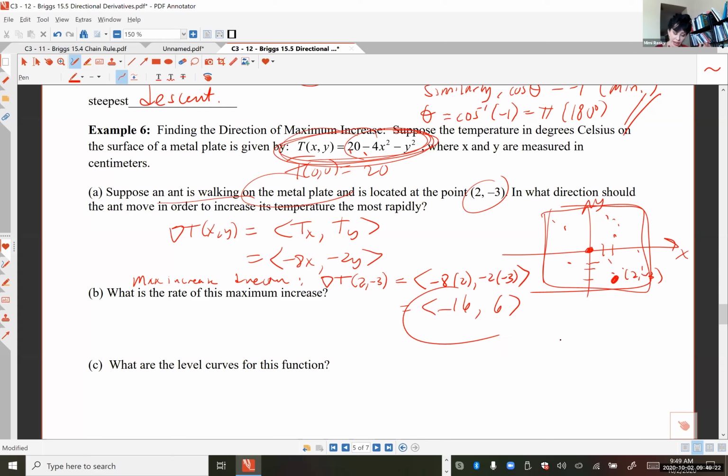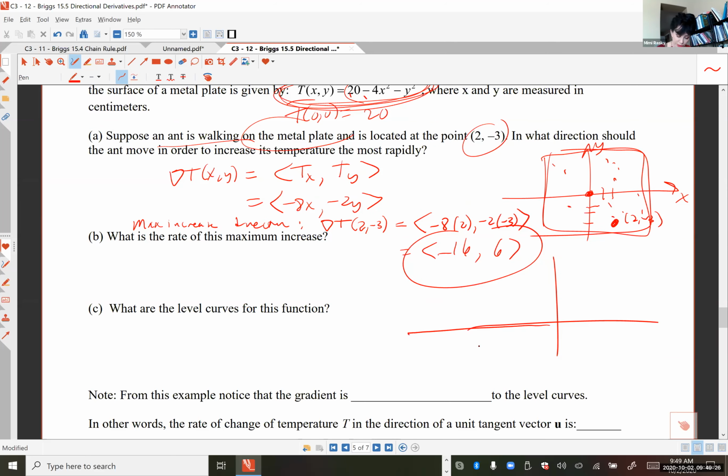Now, if you graph this vector in standard position, remember, standard position is where the origin is the initial point. You would first graph the point (-16, 6), way out here, and then you would draw a vector going over there. So this is the vector <-16, 6>. I'm going to lift it up, and I'm not doing a very good job.